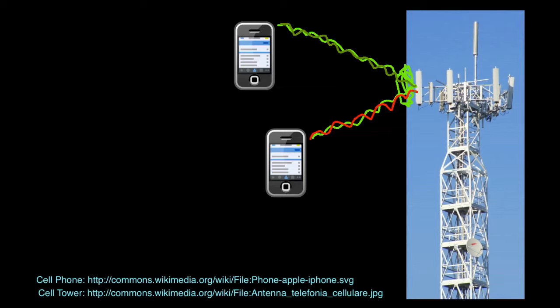Now again, in the spirit of complete and full disclosure, it turns out that in most cell phone systems, you will have two or more cell phones transmitting on the same frequency. They use other techniques such as time division multiplexing or code division multiplexing to separate the information from the two cell phones.